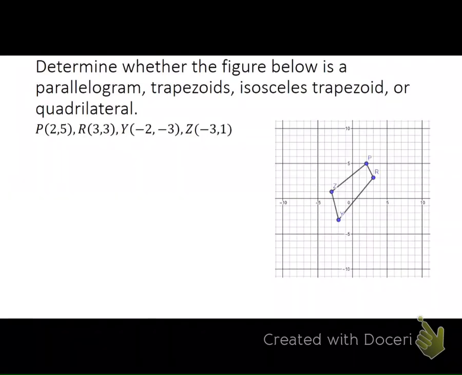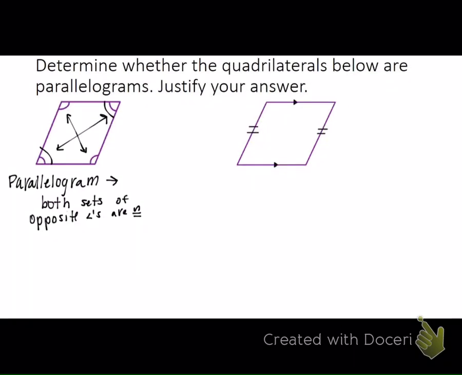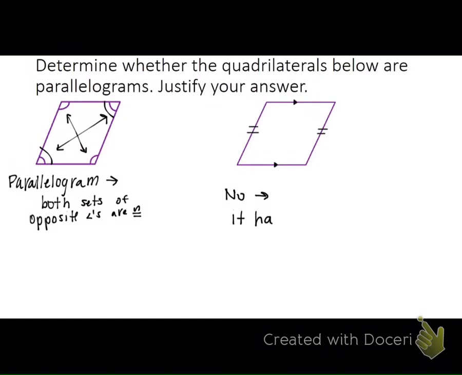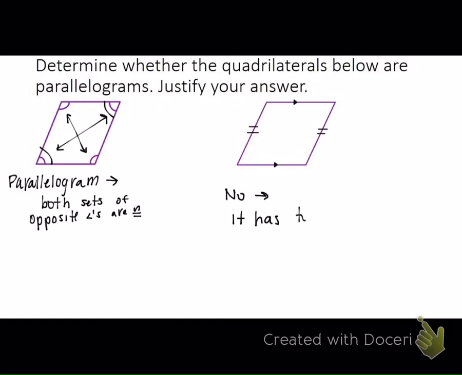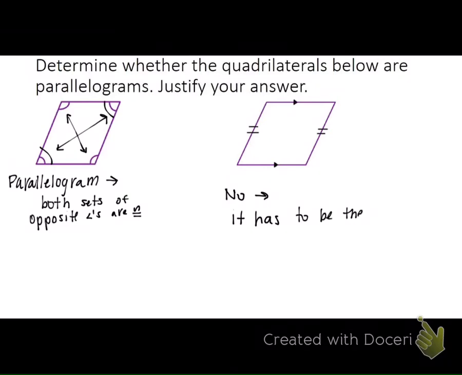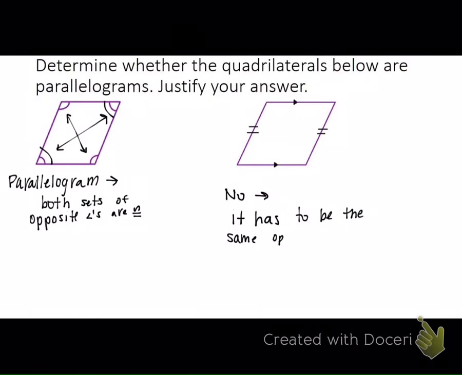So if we go back to this example here, is it the same side that is both parallel and congruent? No, so you do not know that this is a parallelogram. It has to be the same opposite sides, parallel and congruent.